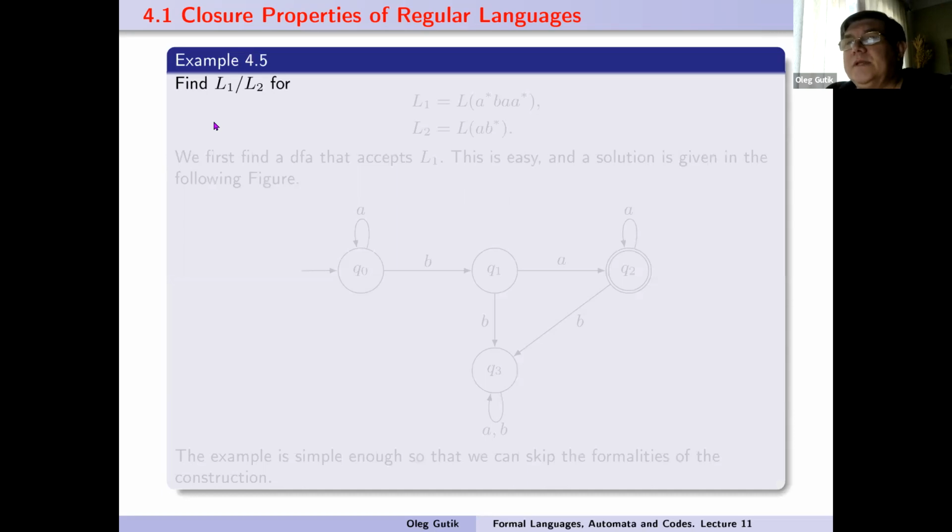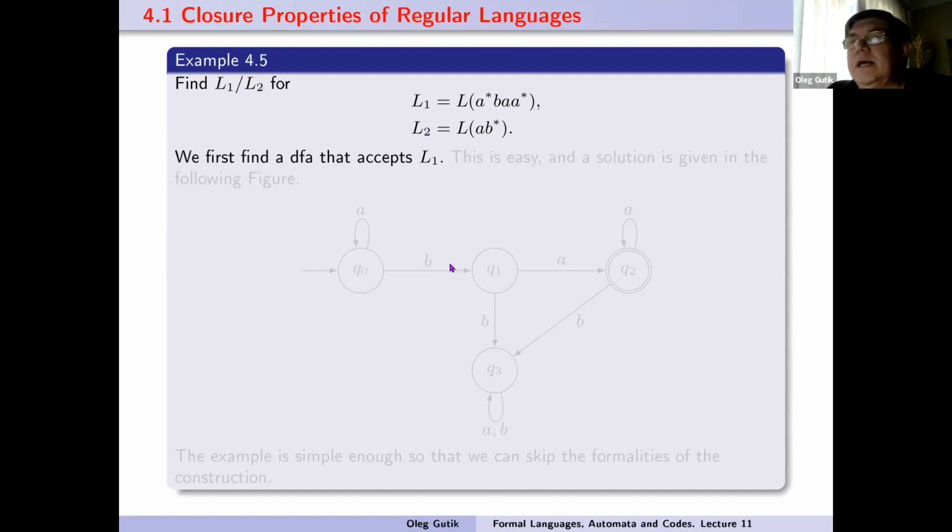Example. Find the right quotient of language L1 with the language L2 for the language L1, which is denoted by the regular expression A star BB A star, and L2, which is generated by the expression AB star.